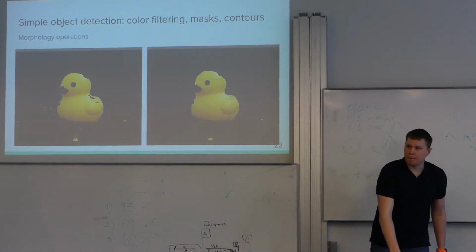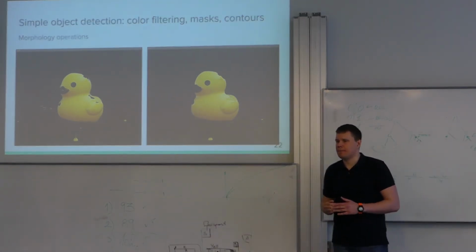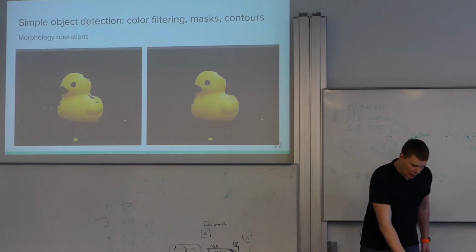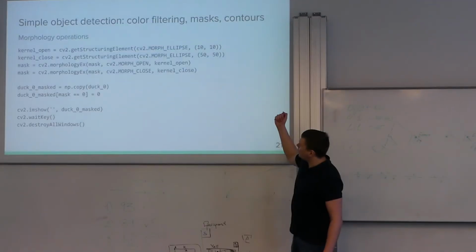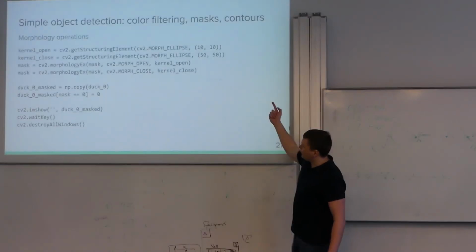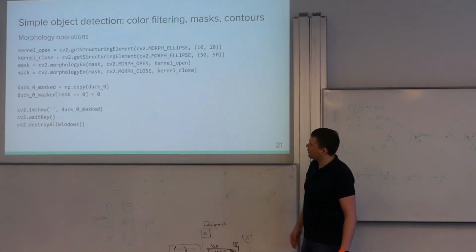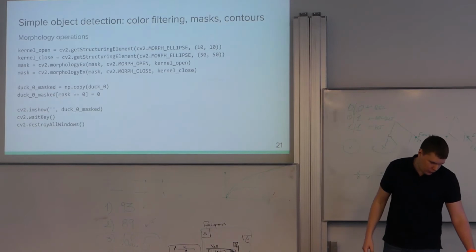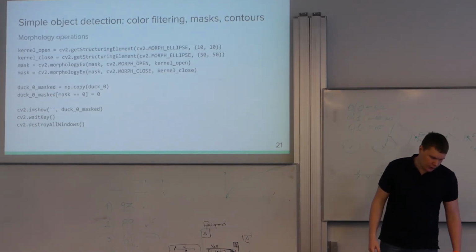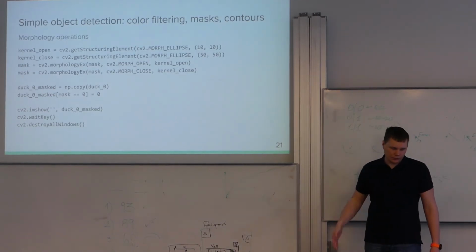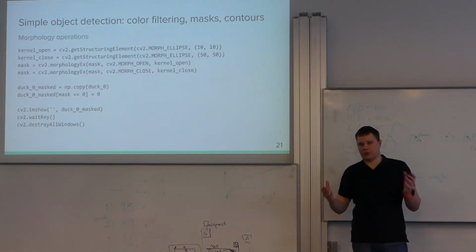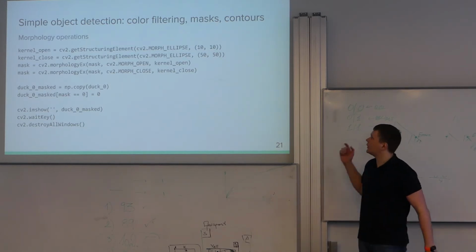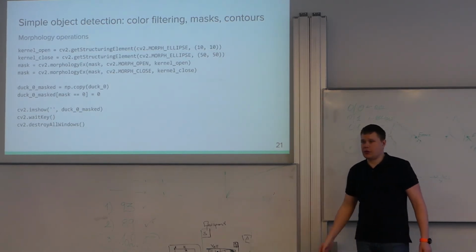One question: how do we control the size of the objects being removed? Yeah, we can control it with the last parameter of the kernels. As you can see in the first two lines, getStructuringElement is a function which returns your morphology kernel, and the size is the last parameter.